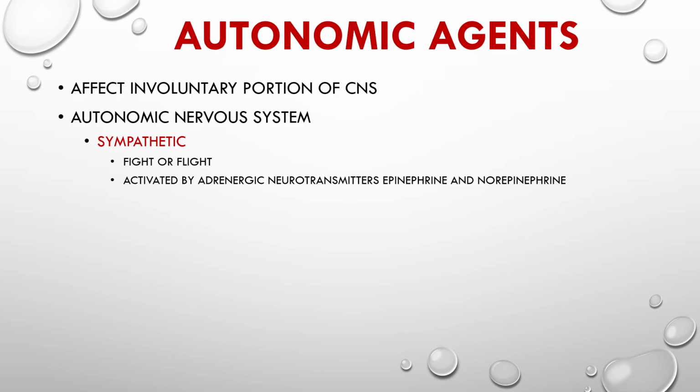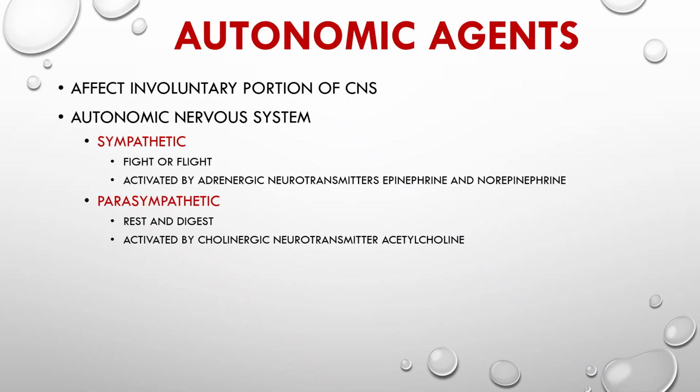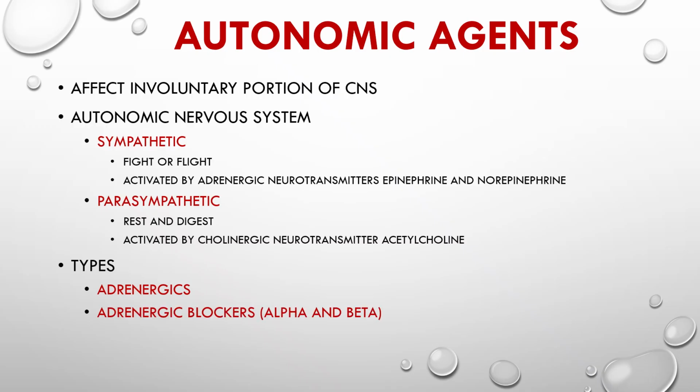This gets activated by a specific type of neurotransmitters called adrenergic neurotransmitters, like epinephrine and norepinephrine. Parasympathetic is rest and digest, and this is activated by cholinergic neurotransmitters like acetylcholine.